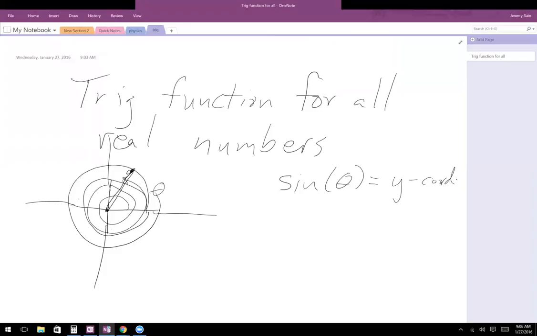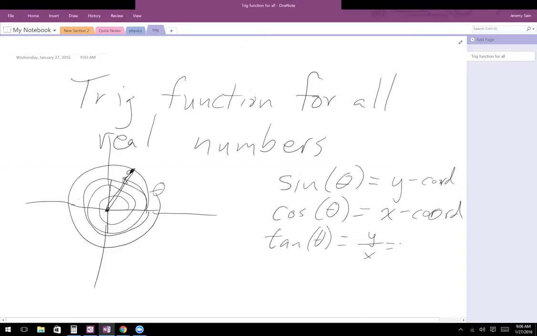All right, and then same thing, cosine theta is the x-coordinate. Coordinate has 2 O's in it, doesn't it? Yes. And then tangent theta is y over x, which if you remember back from your algebra class, since we're starting at 0, 0, change in y over change in x back in algebra, what do we call that?